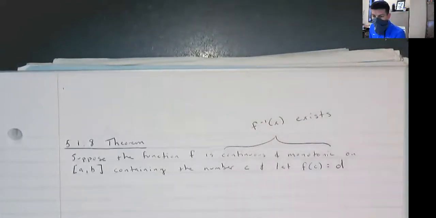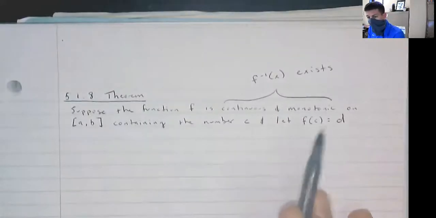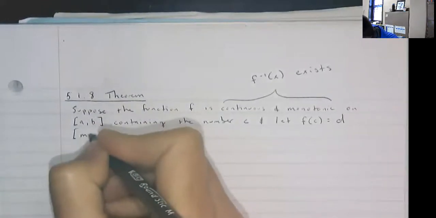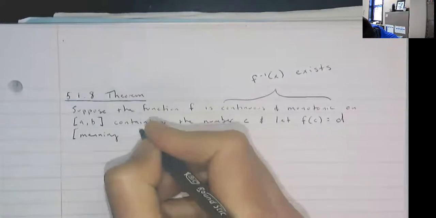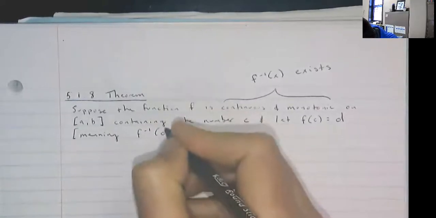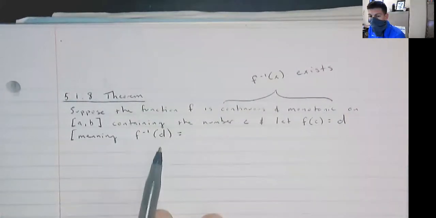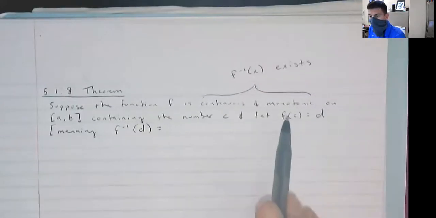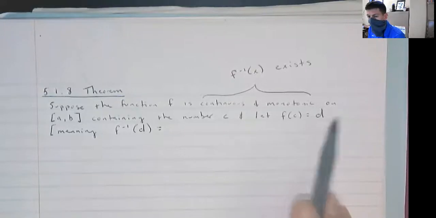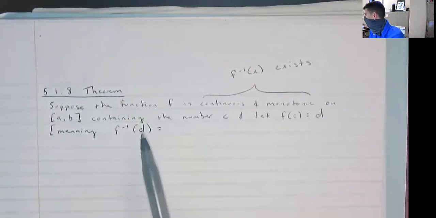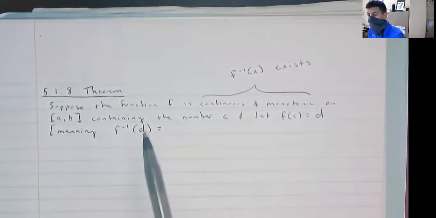And specifically, if f of c equals d, then f inverse of d is going to equal what? Remember this relationship we have with inverse functions. You put in a c to f and you get out a d. What happens when you take that value d and put it into the inverse of f? What should it give you? Somebody knows. Somebody knows. c.